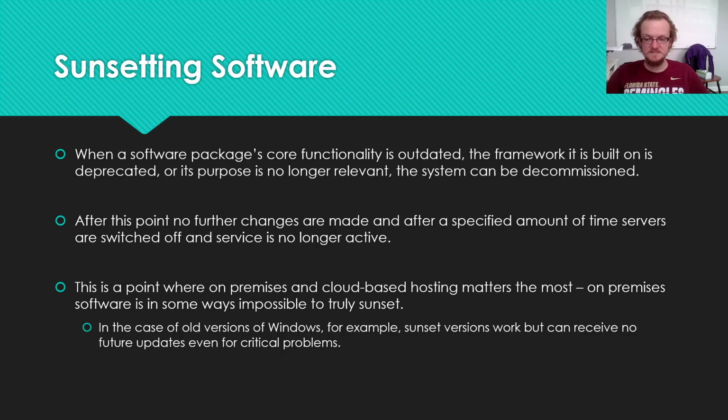So these on-premise systems can largely exist without support for a very long time unless a critical issue is found. The interesting thing about this is the closer to sunsetting a system gets, the longer the system has been alive. And so if the software development lifecycle went correctly and the software got more and more stable over time, it's less likely that an older piece of software would need support. So you can run into situations where you're running a very old piece of software on premise, and the fact that you don't have support doesn't actually impact you all that much.